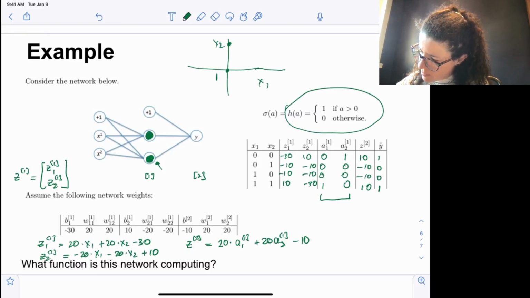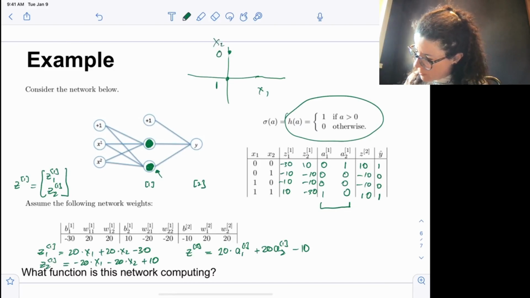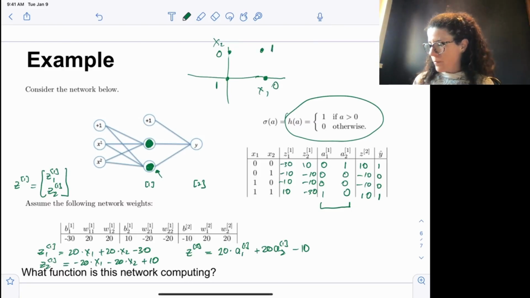So this is x2, we're getting a label of 0. Then on 1, 0, we're getting a label of 0, and on 1, 1, we're getting a label of 1.